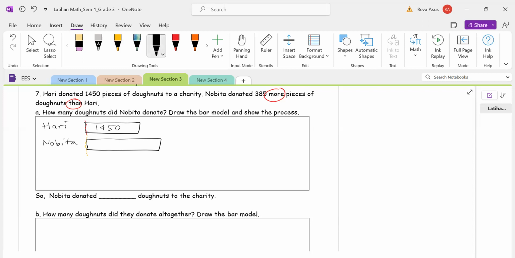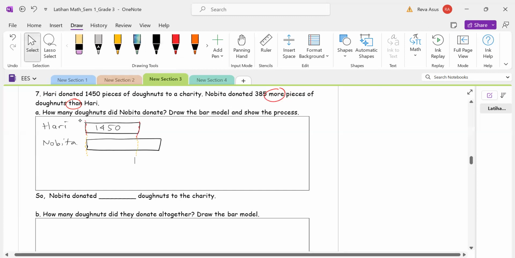Meanwhile, we know that Harry's bar ends here, which is the same as this part of Nobita's bar. So you can take a look at this. If we move the bar belonging to Harry to Nobita, look.